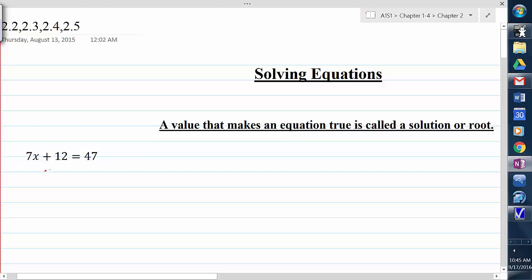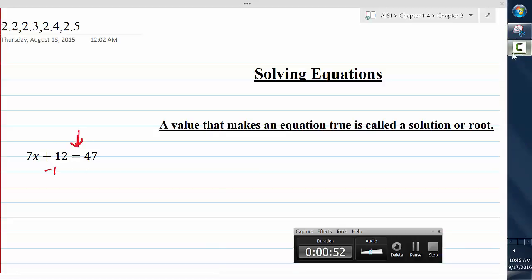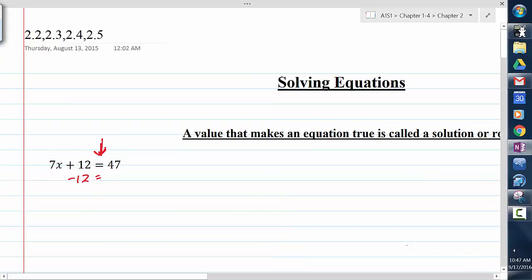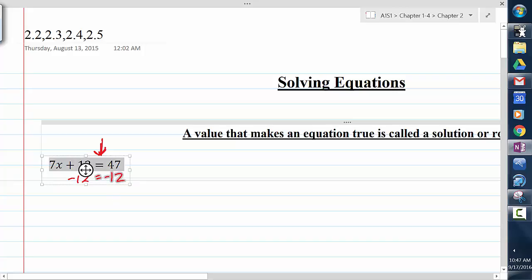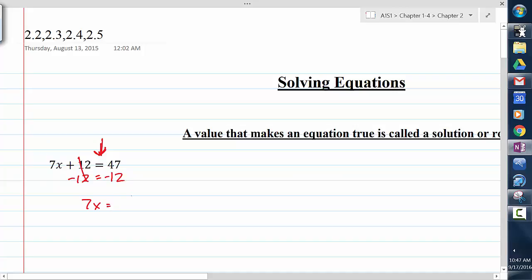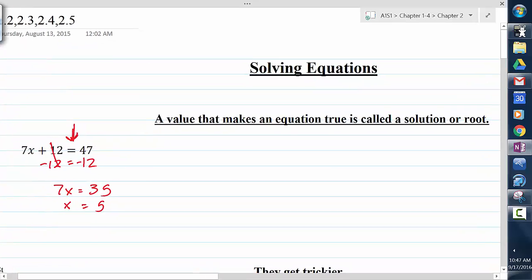So in other words, if I subtract 12 on one side, to keep the balance, I have to subtract 12 on the other side as well. So that crosses out. You have 7x equals 35. Again, y'all know how to solve equations.